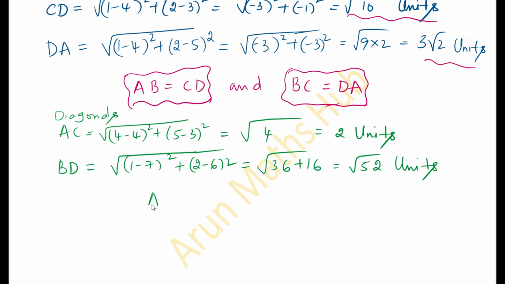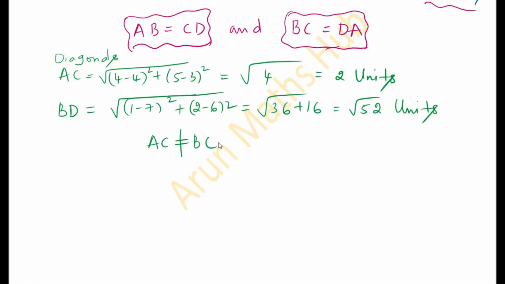Students, you can check whether AC, the diagonal AC is not equal to BD. What we can say? It is a parallelogram. If the diagonals are equal, we can say that it is a rectangle. Since the diagonals are not equal, therefore the quadrilateral formed by the points A, B, C, D is a parallelogram.